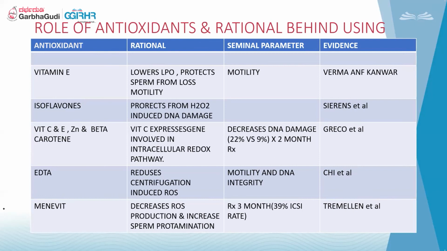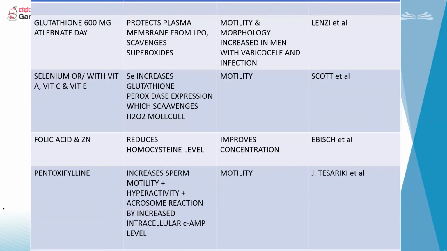Minivit, which is a combination of zinc, vitamin C, E, and selenium, is seen to decrease ROS production and increase sperm protamination, with a minimum of 3 months of intake. The ICSI success rate was around 39%.